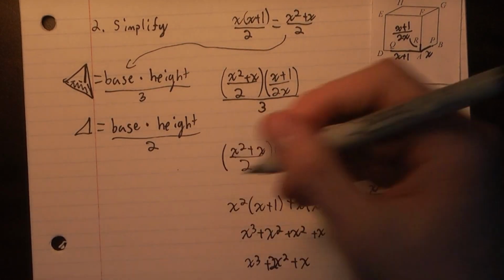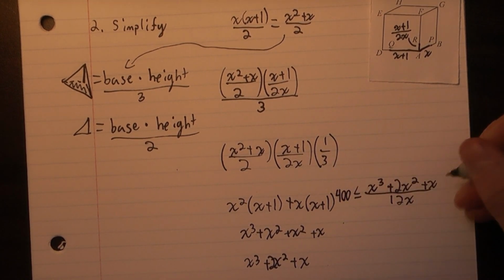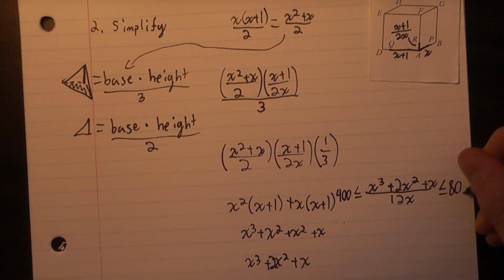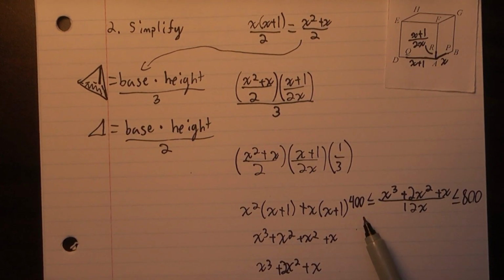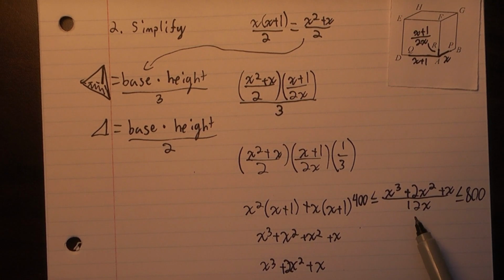So, let's see if I can write this here. This is between 400 and 800. Now you may have noticed that this is an inequation, and just like equations, you can multiply all sides by the same term. So we can completely remove this 12 by multiplying each side by 12.